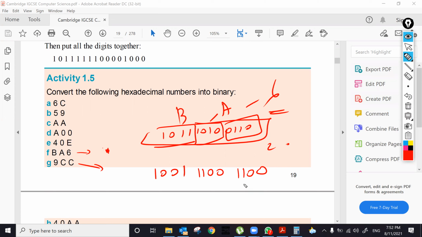Right here, 1100 is 8. 8 for this 12. 12 means we get A, B, C. That is C. Here also C. Here 8 plus 1, 9. Yes, correct. Good. Very simple, right?